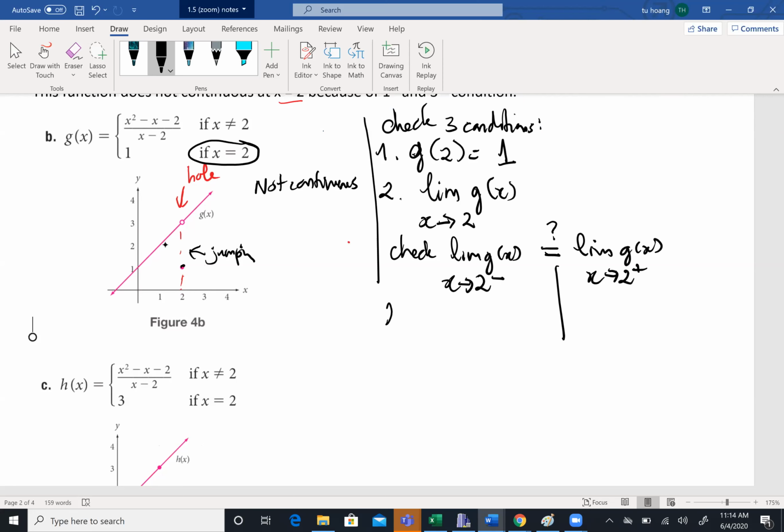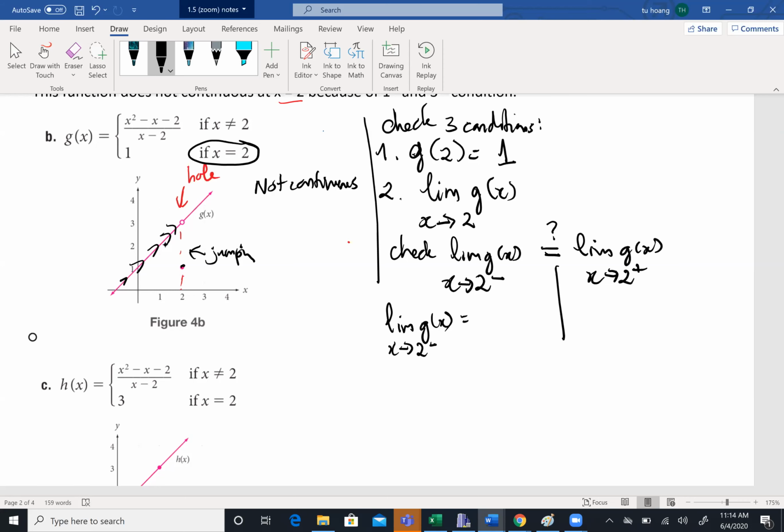So for the limit of g(x) when x goes to 2 from the left-hand side, what does that mean? x is not at 2. Okay, x is smaller than 2. It's from the left-hand side. It moves closer and closer to 2.